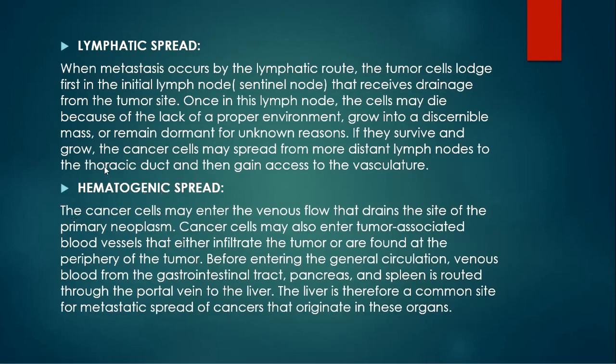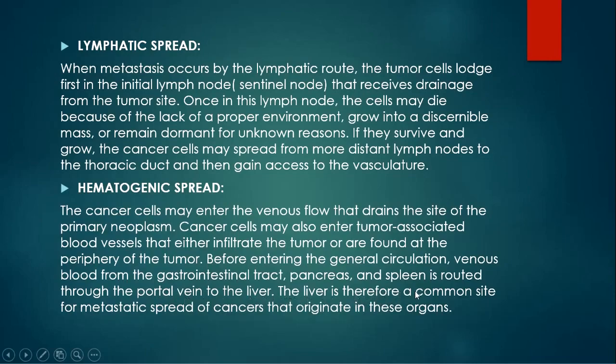So the cancer cells may enter the venous flow that drains the site of the primary neoplasm, and cancer cells may also enter tumor-associated blood vessels that either infiltrate the tumor or are found at the periphery of the tumor. Before entering the general circulation, venous blood from most of the organs of the GI tract, the pancreas, and the spleen crosses the liver via the portal vein and then moves into the heart.